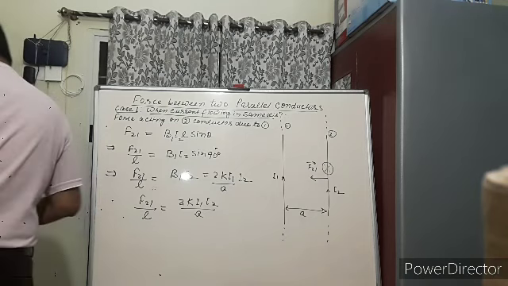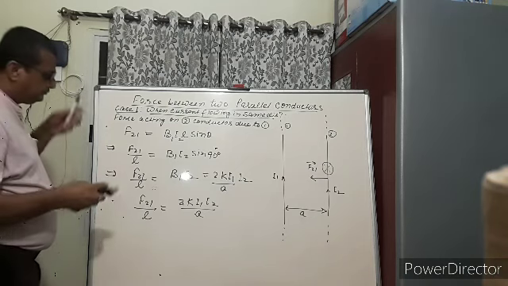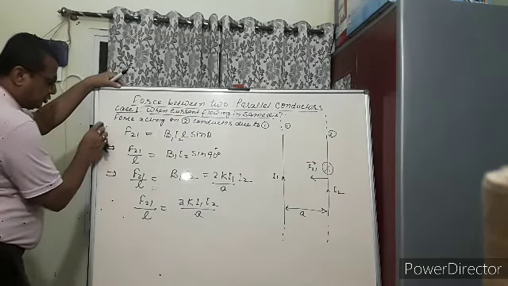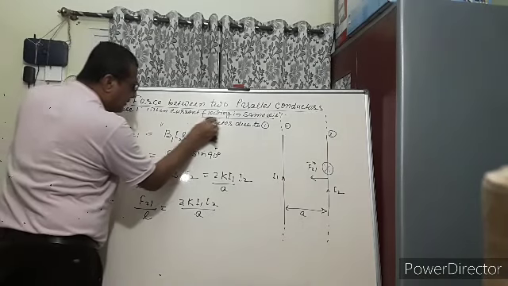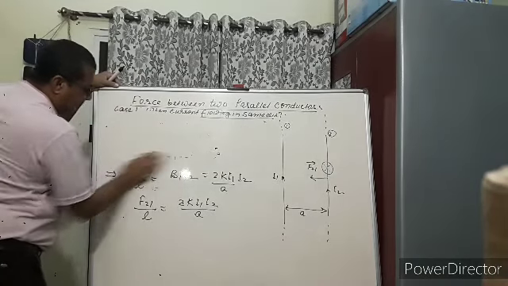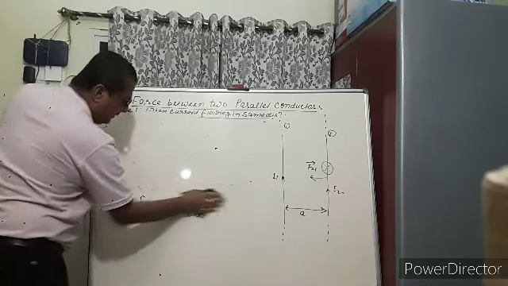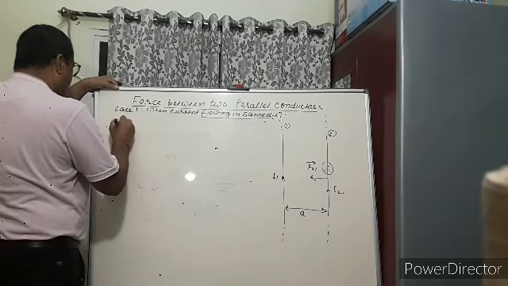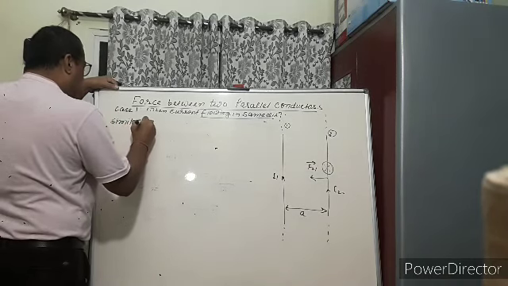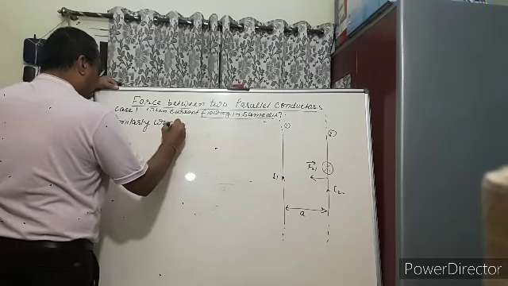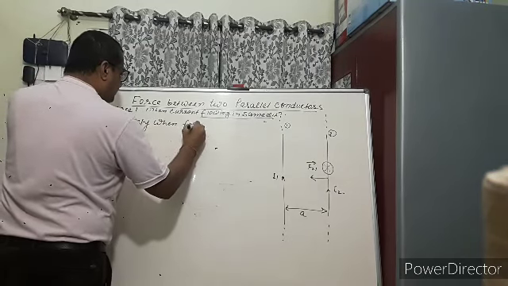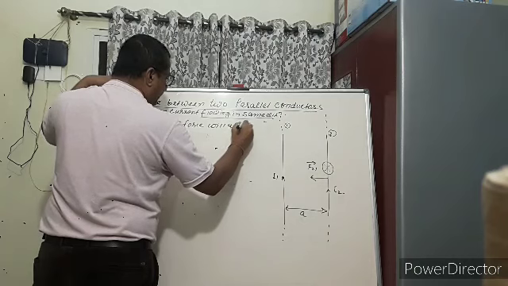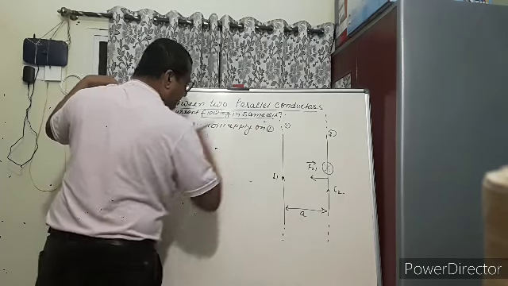Next, when conductor 2 produces a magnetic field, force will apply on the first one.